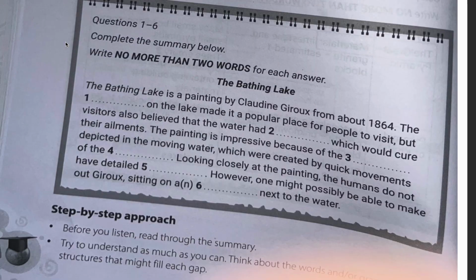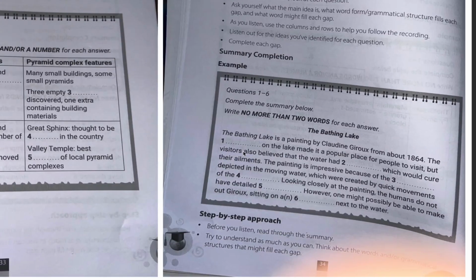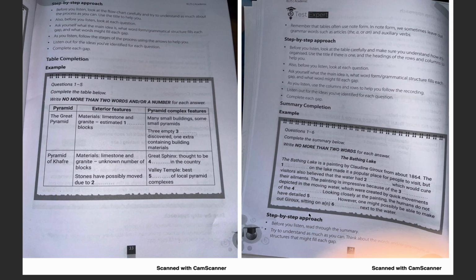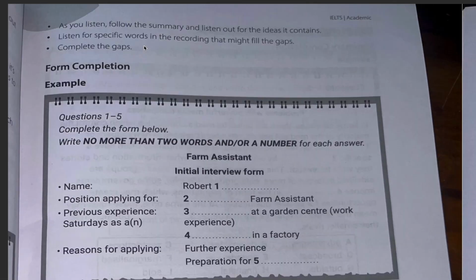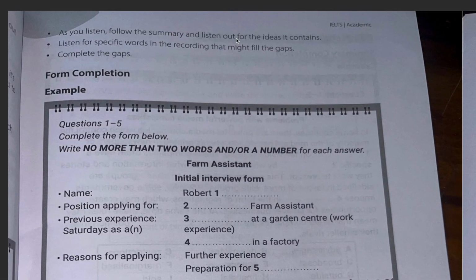Before starting, first read the questions and the title, which will make it easier for you to answer. As you listen, follow the summary for the ideas and specific words. Always make sure that the answers you write are exactly as they are in the passage, in order to match the answer key.